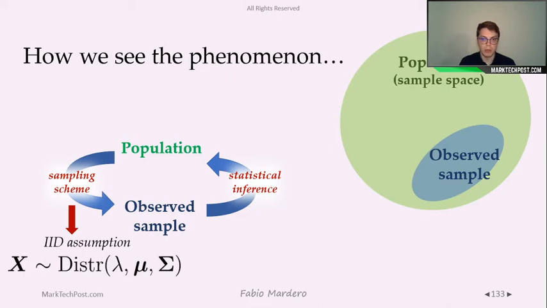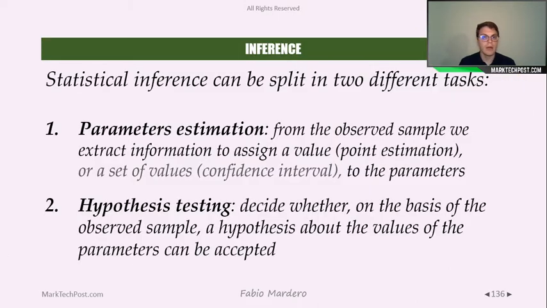precise way possible. And there are two different tasks we can do with statistical inference. First one is parameters estimation. We can estimate from the observed sample the parameters and assign a value to them, so we will call it point estimation, or a confidence interval.